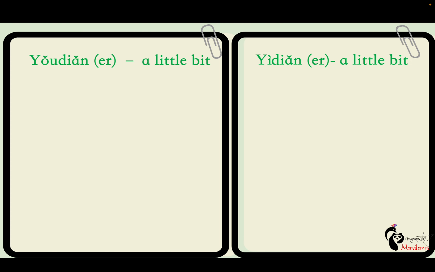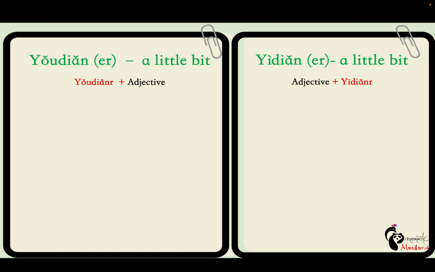Now let's understand. The first thing to understand these two words is to remember their positioning. Yǒudiǎner always comes before the adjective, and Yìdiǎner always comes after the adjective.